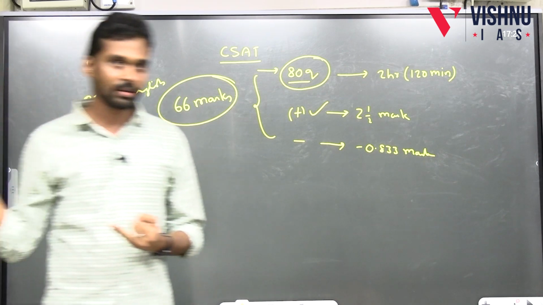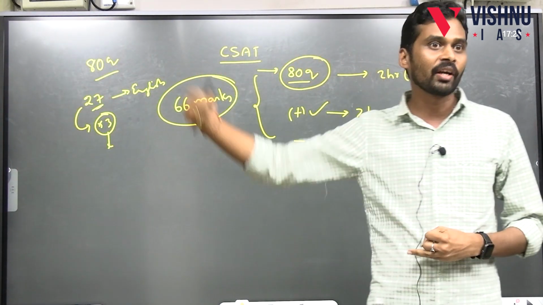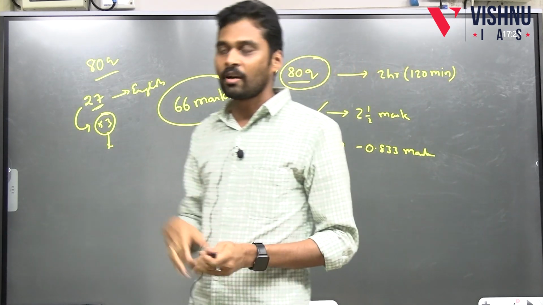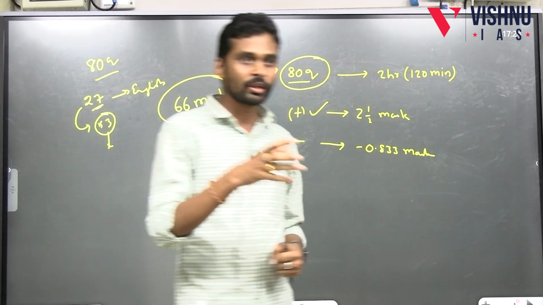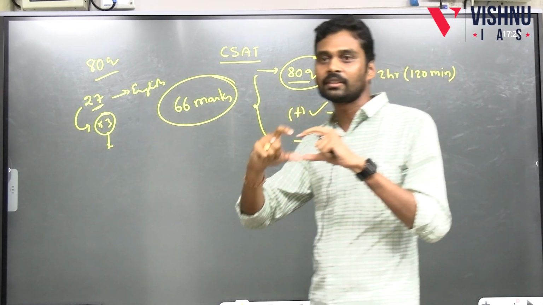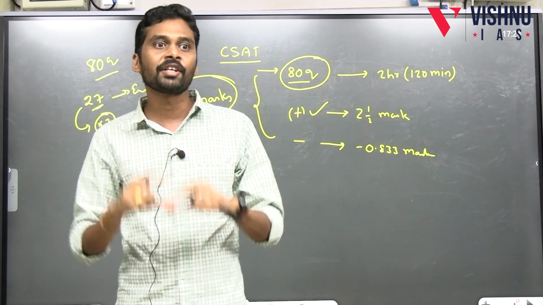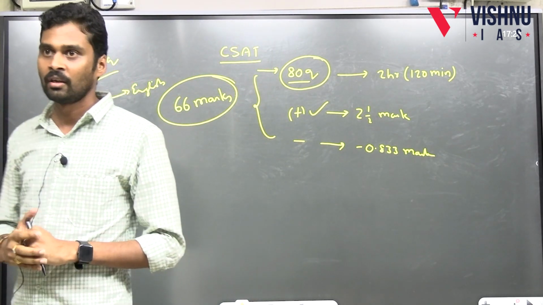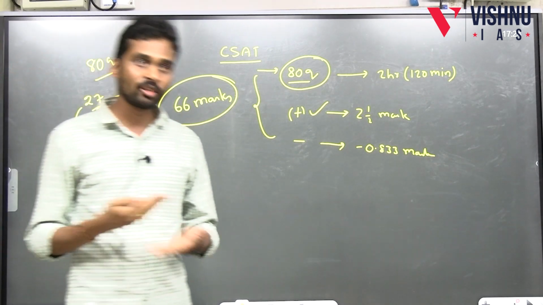You could see that in my previous video. Before the 2023 exam, from 2019 onwards, you can see the same thing: applications of number system, permutations and combinations will have 50% of the quant questions. The same thing we had in 23 also.